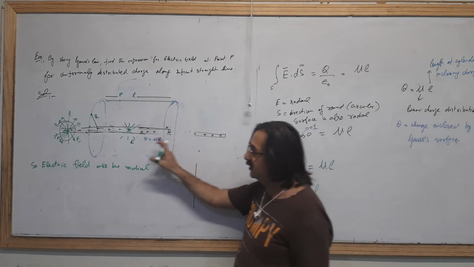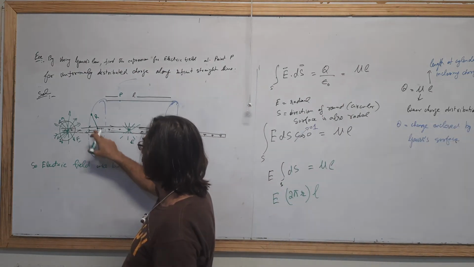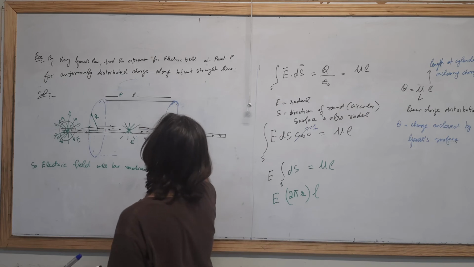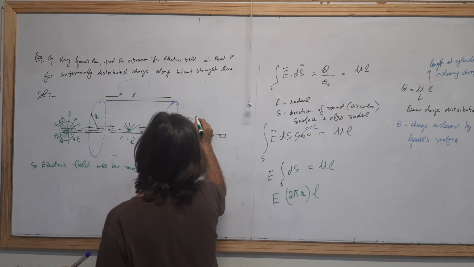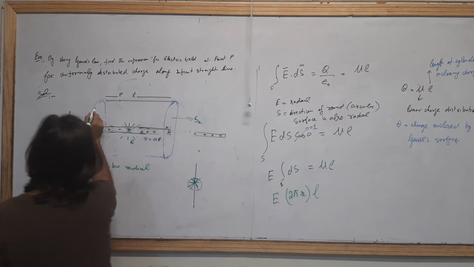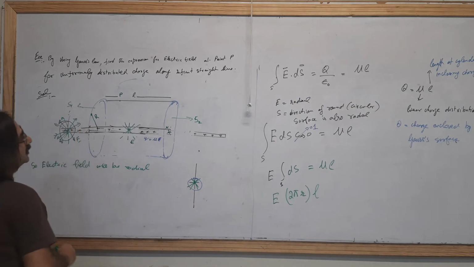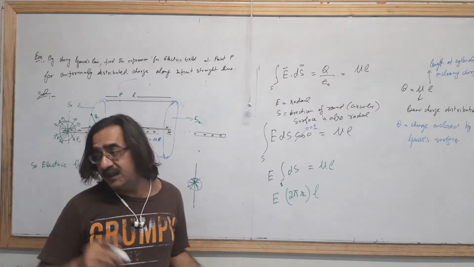We are not considering the surfaces S1 and S2, because I have not mentioned that both make an angle of 90 degrees with the radial field.